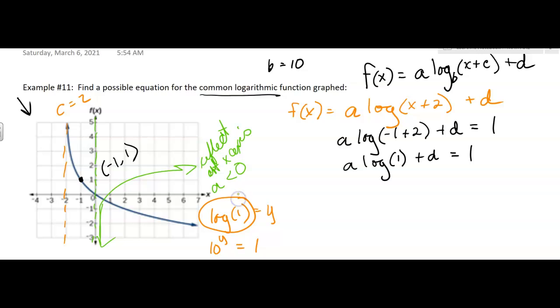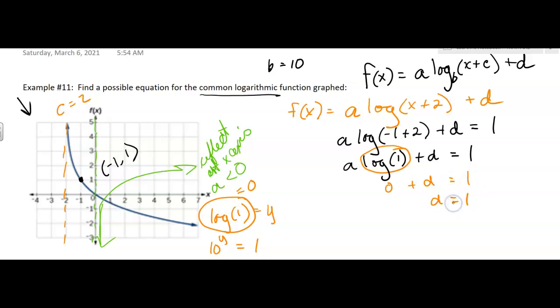So all of this equals 0. Now that's a property we're going to talk about later, but when the argument is 1, that logarithm is going to be 0. It doesn't really matter what the base is. But now I'm getting this to be equal to 0. Well, 0 times a is 0, so now I have 0 plus d equals 1, or d equals 1.